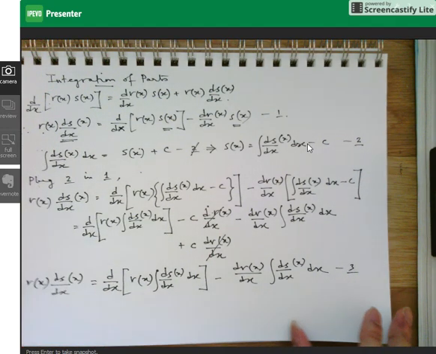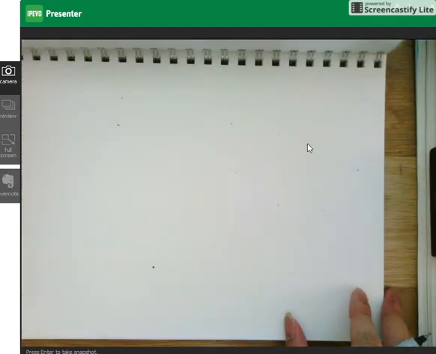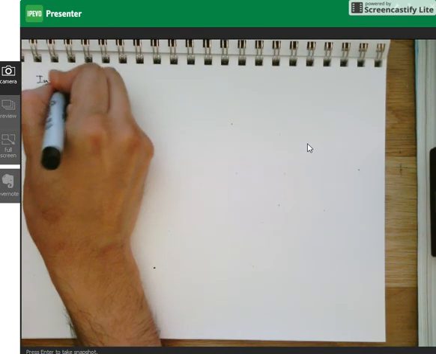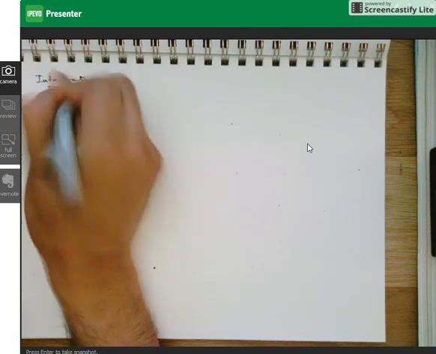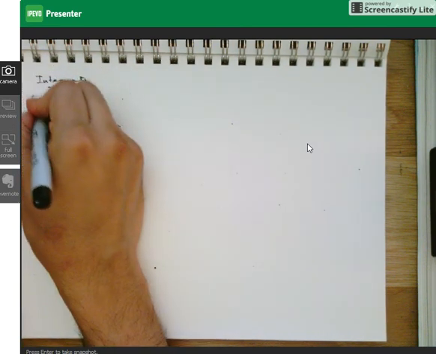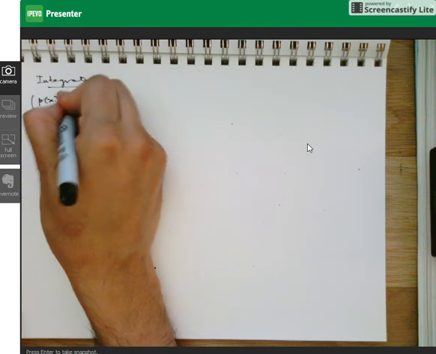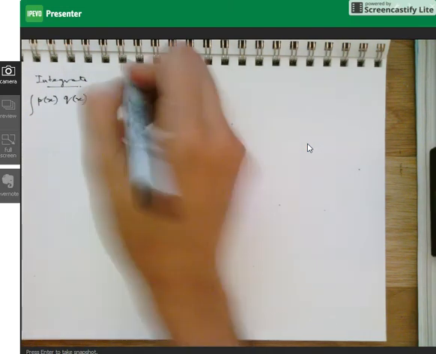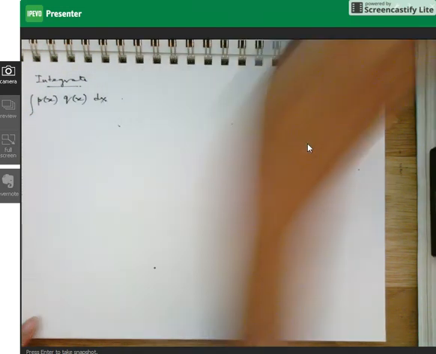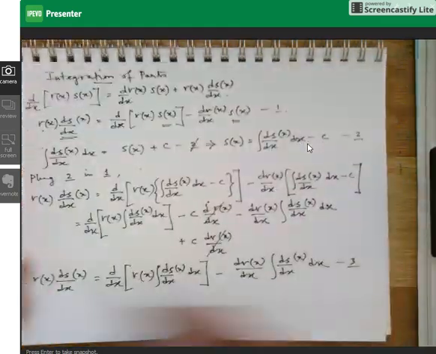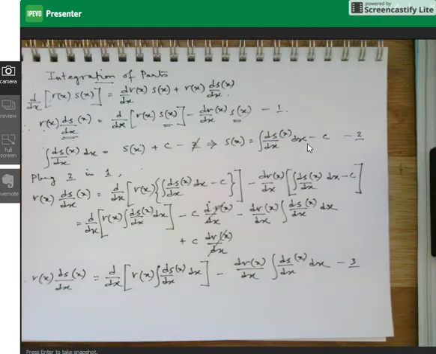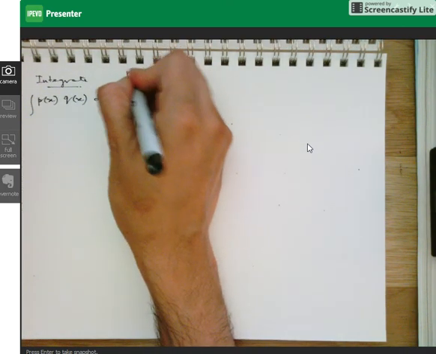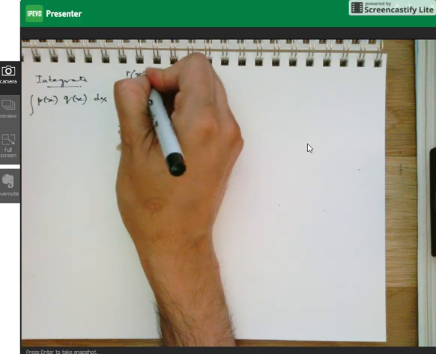Now let's get back to our integration. Okay, so we suppose need to integrate p of x times q of x with respect to x. Now let's rewrite what we got, our r of x times ds/dx, just so that we can see it in our current screen.